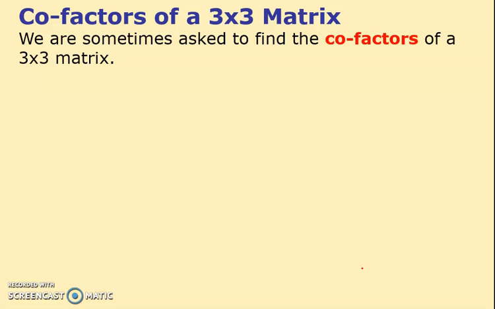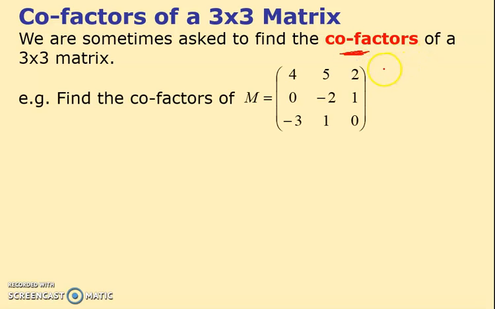So anyway, new idea, we're going to introduce something called cofactors of a 3x3 matrix. And you're sometimes asked to find them, sometimes you're not. Perhaps sometimes I might even mention them and they expect you to do it. But the cofactors is what I'm going to do now. It says find the cofactors of these. Now cofactors are labelled. You end up with a matrix of cofactors, and sometimes there's an MC or something like this.